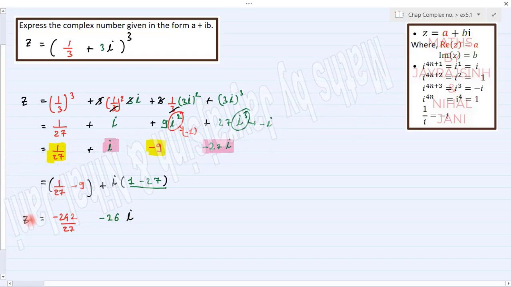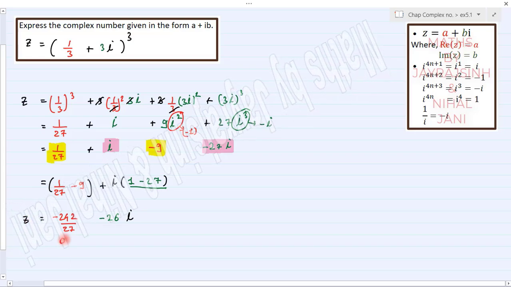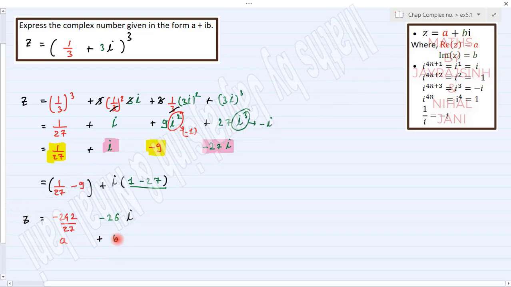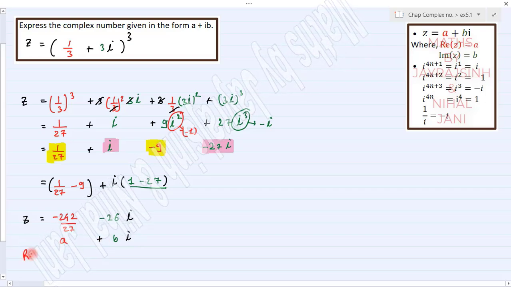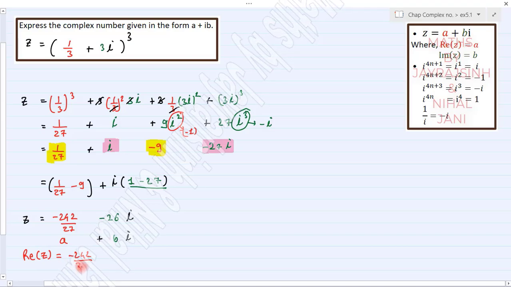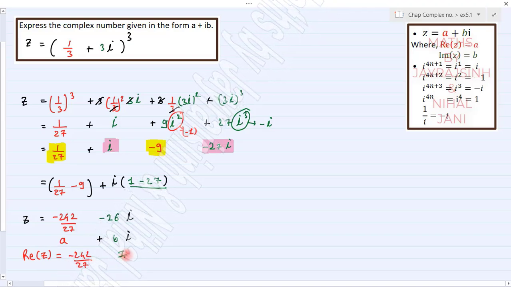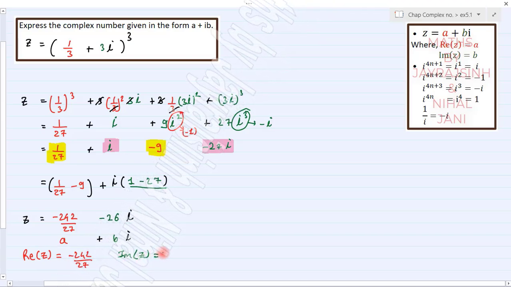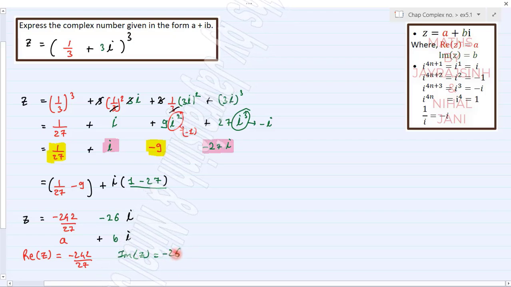So we get z in a + bi form, where the real part of z is minus 242/27 and the imaginary part of z is minus 26. Tada!